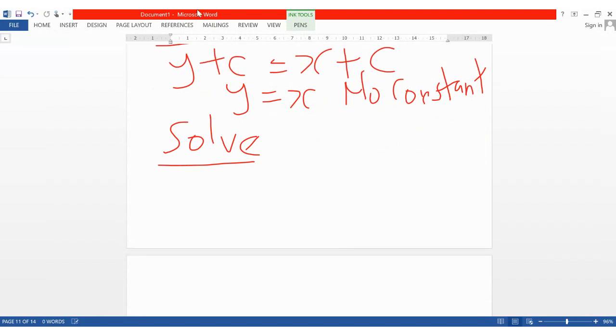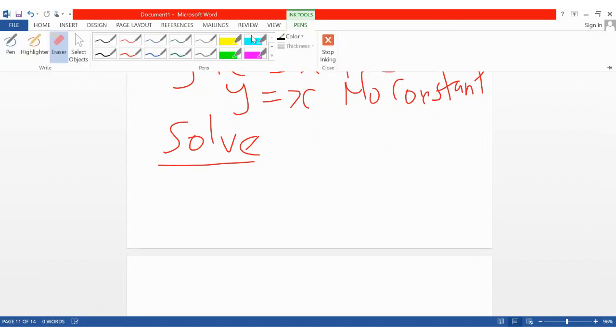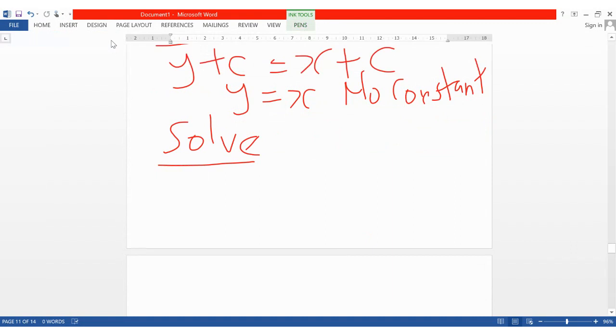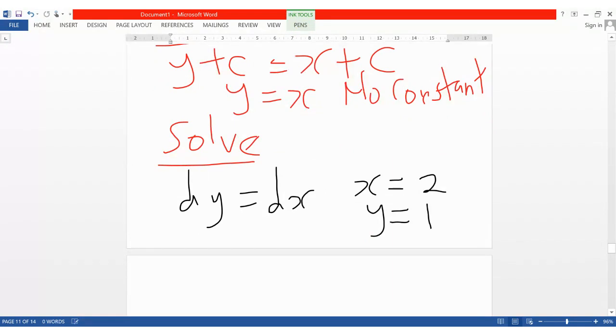We solve the same thing: dy is equal to dx, when x is equal to 2, y is equal to 1. Those are now the boundary conditions, the conditions I was telling you about.